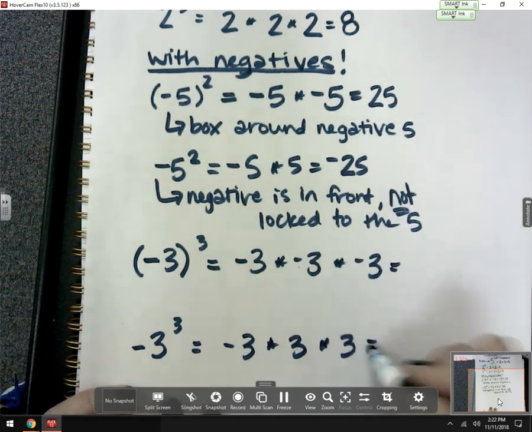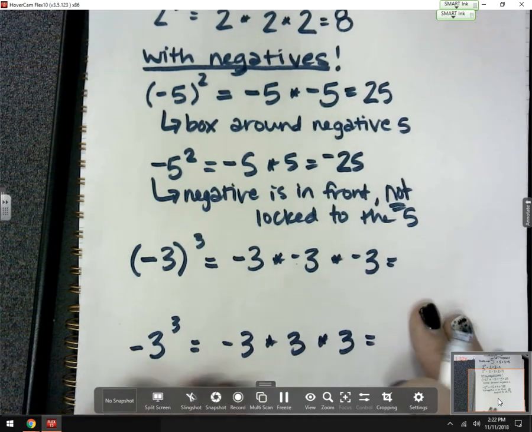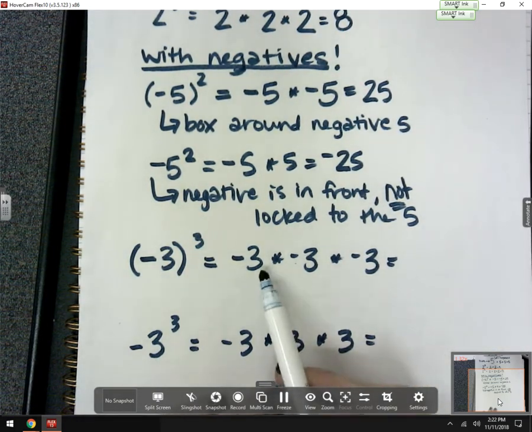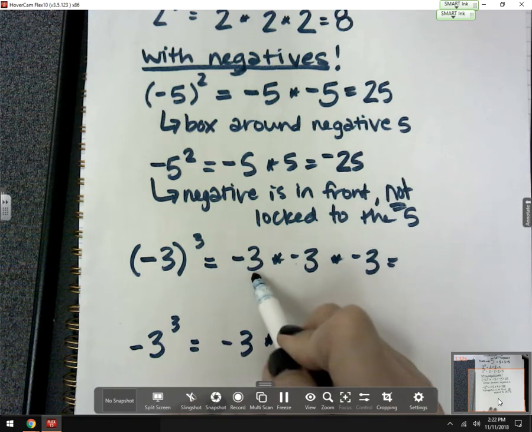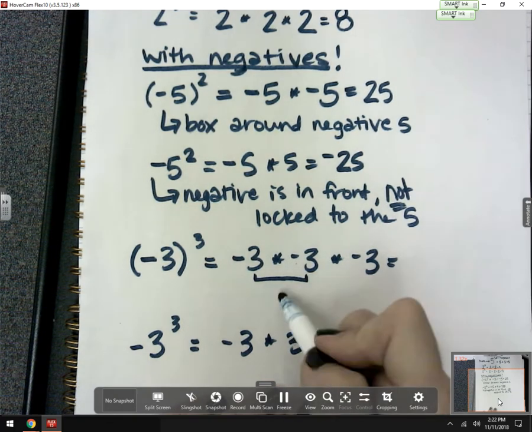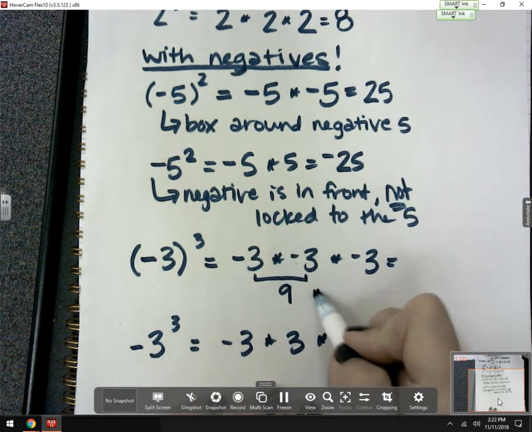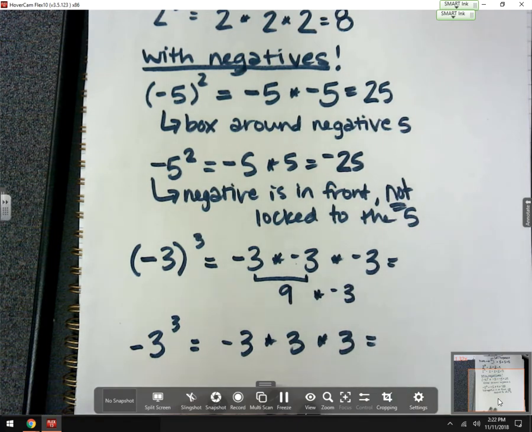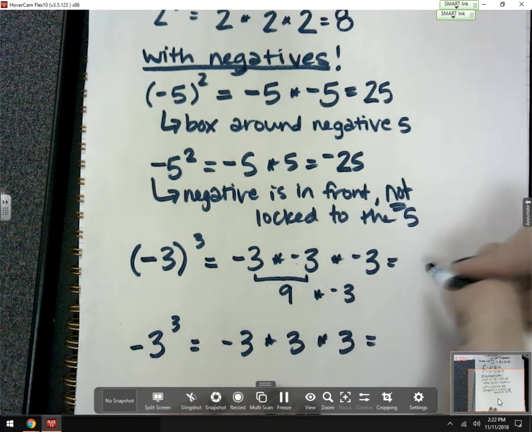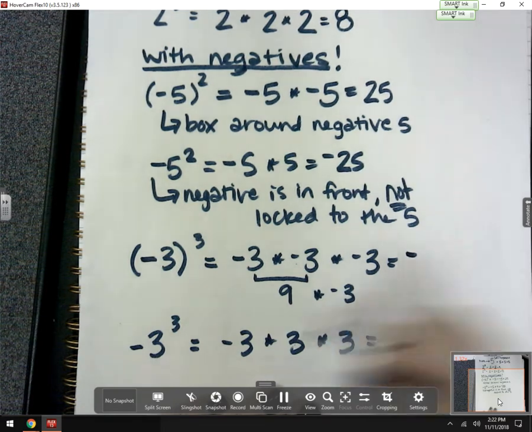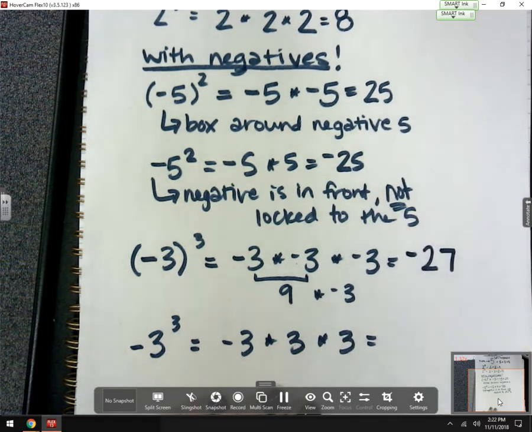So what's interesting is that we may end up with the same answer in both cases. So up here, negative 3 times negative 3 is positive 9, and then I have to multiply that times negative 3, which a positive times a negative is a negative. 9 times 3 is 27.